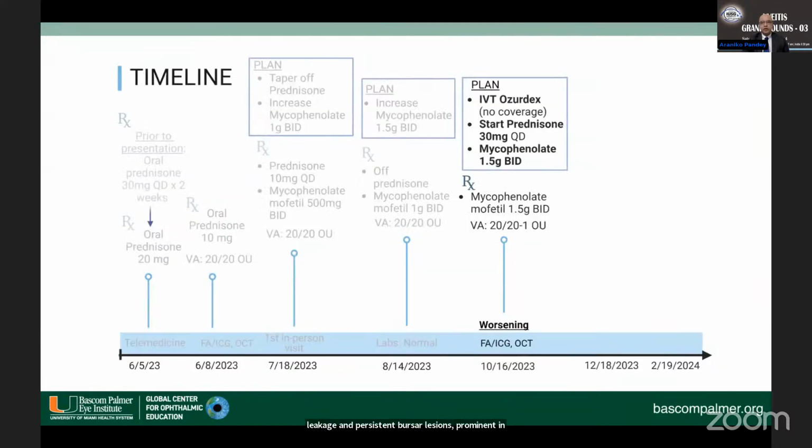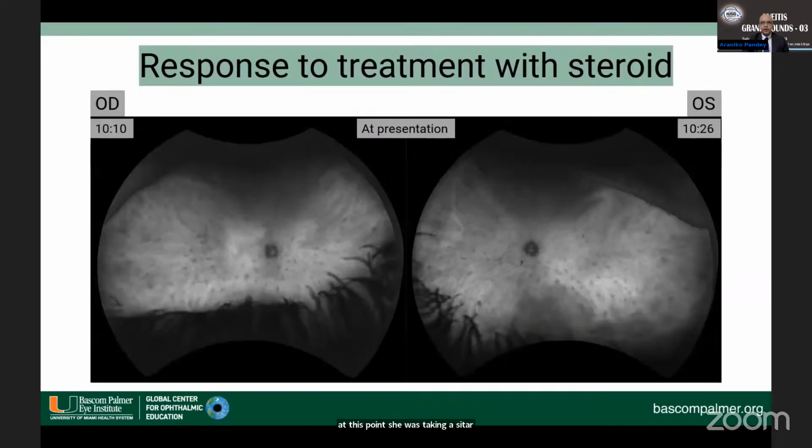Now she was advised an intravitreal dexamethasone implant, but unfortunately she could not afford it, and so she was started on prednisone 30 milligrams. At this point she was taking escitalopram in consultation with a psychiatrist and was asked to continue the mycophenolate.